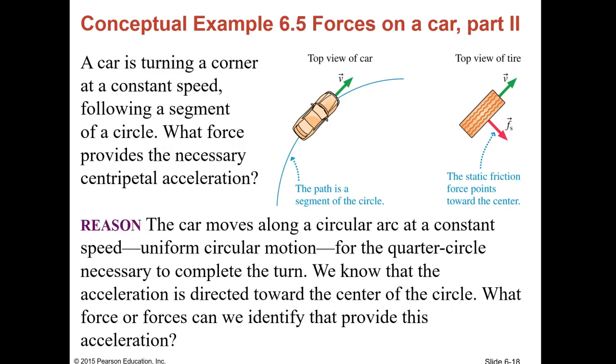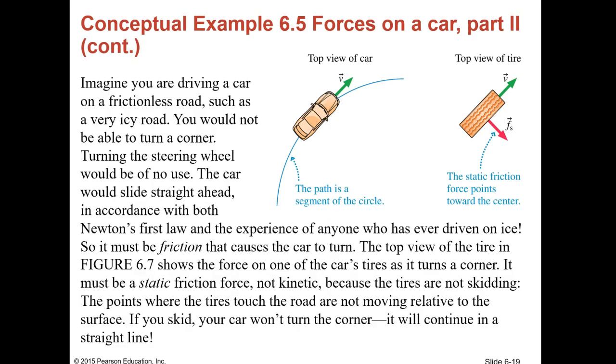So again, the car is turning around a corner at a constant speed, following a segment of a circle. What force provides the necessary centripetal acceleration? Okay, so it's going around a circle. If all of a sudden that force went away, the car would go in a straight line. Not a good thing around a corner. The thing causing the turn is friction.